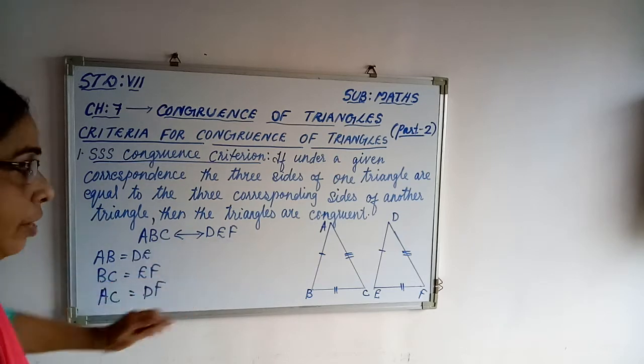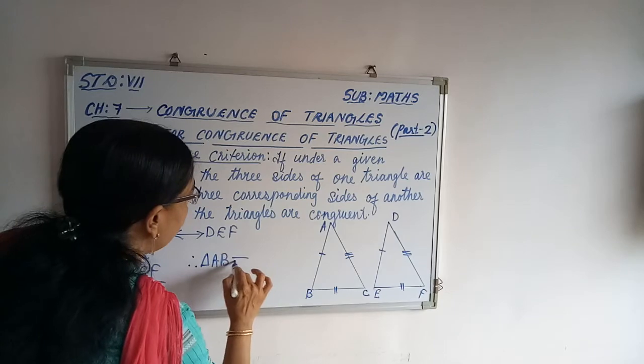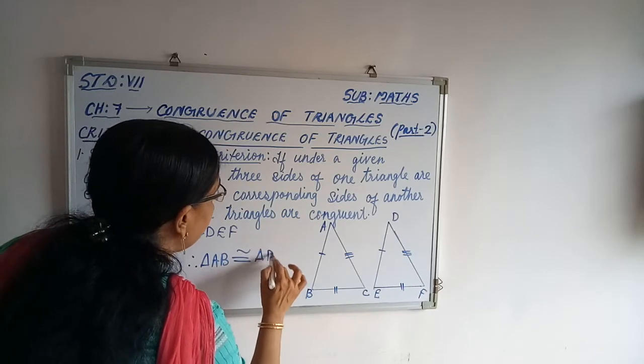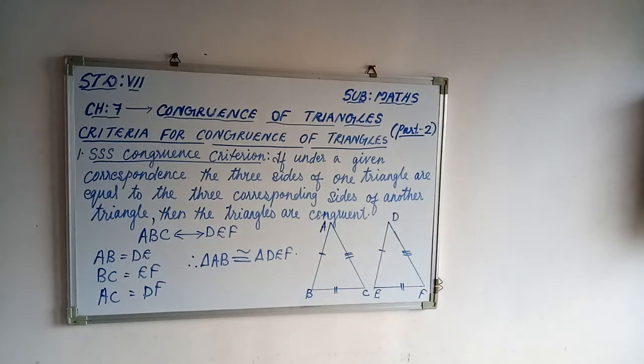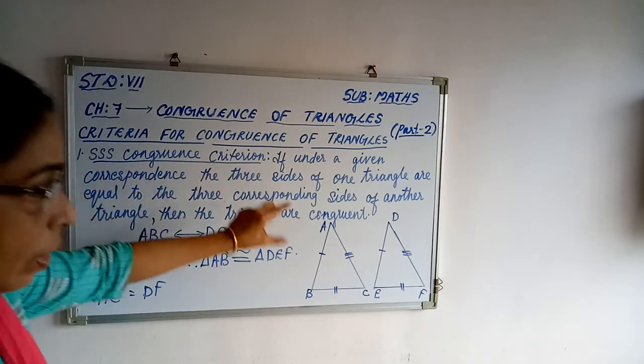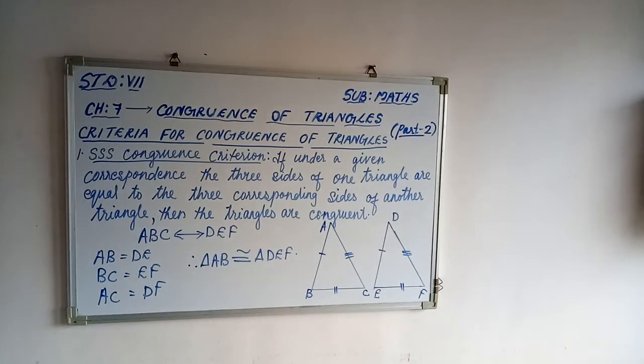Then we can say that triangle ABC is congruent to triangle DEF. This is called SSS Congruence Criterion. If the three sides of one triangle are equal to the three sides of another triangle, then both the triangles are congruent.